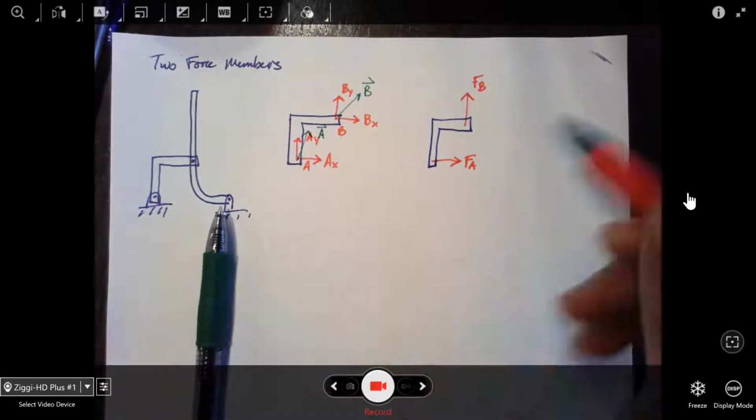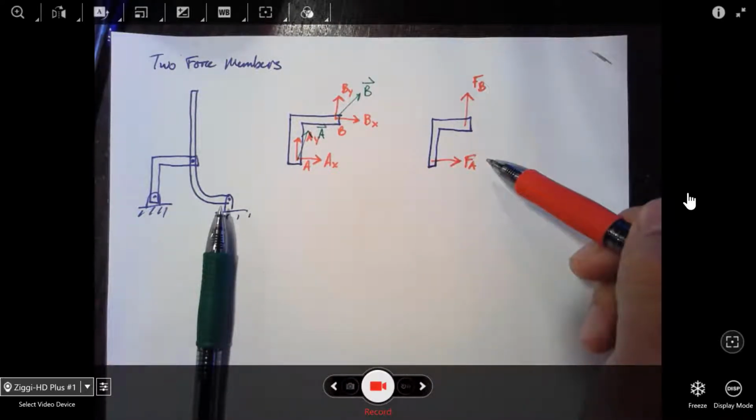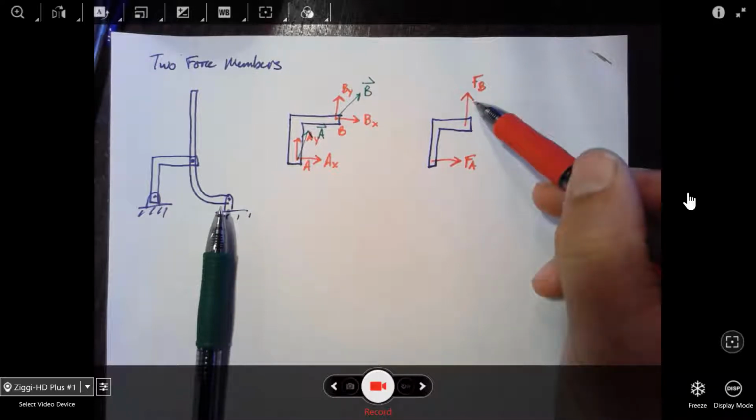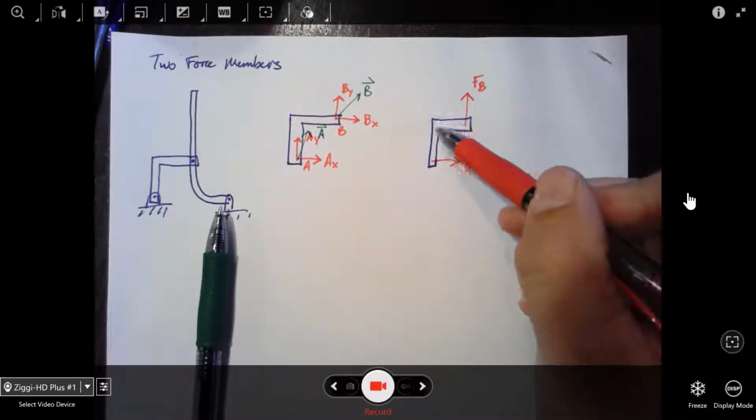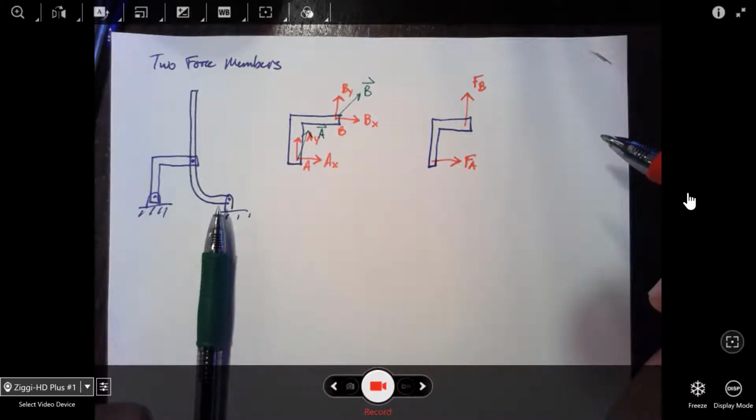So my question to you is this: is it in static equilibrium right now? If these two forces, F sub A and F sub B, were acting on this link, would it stay in static equilibrium? Think about that for a second. So it wouldn't, right?